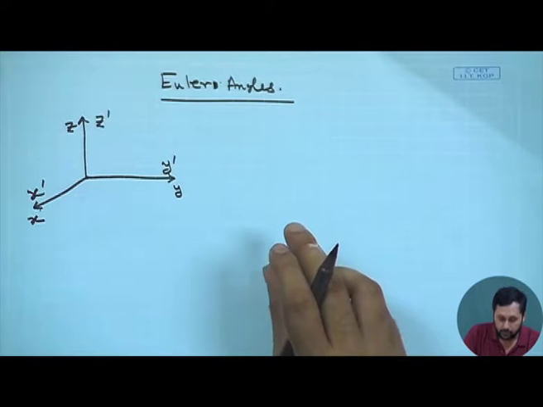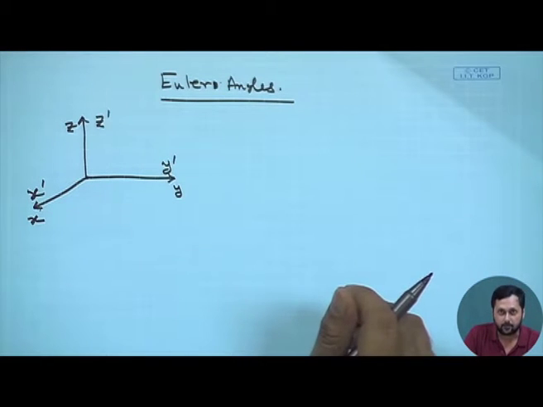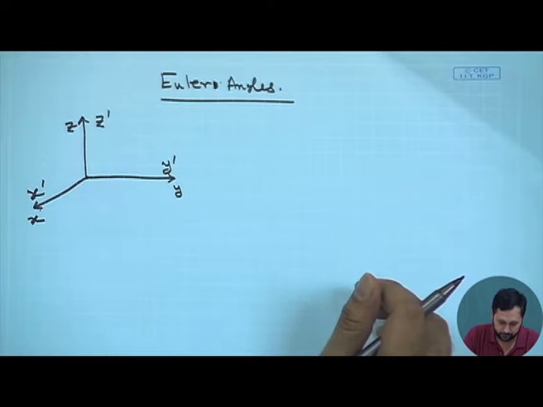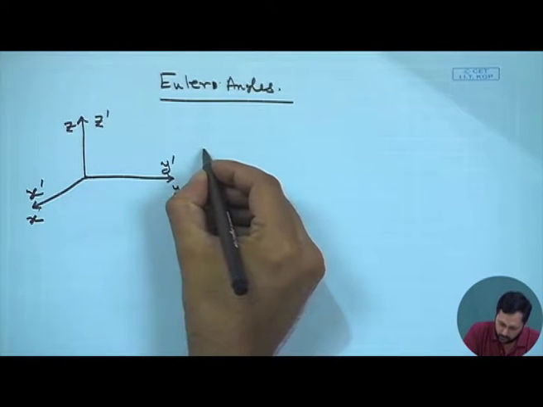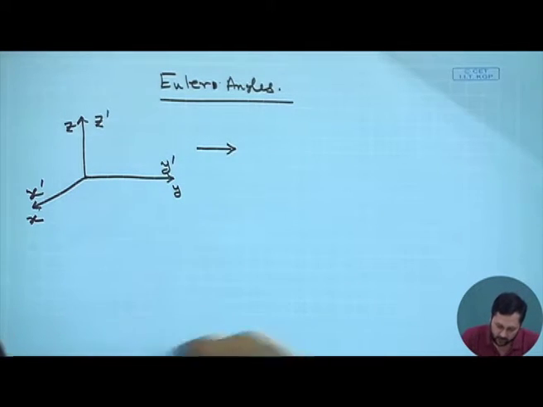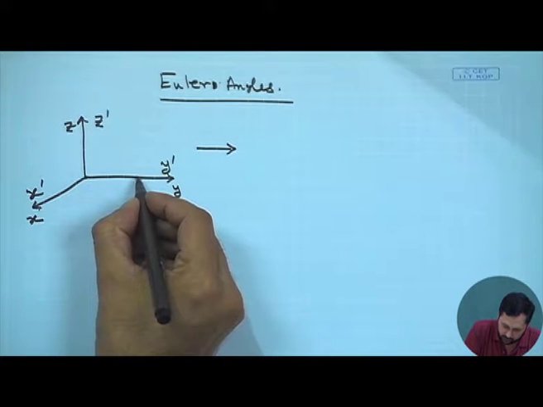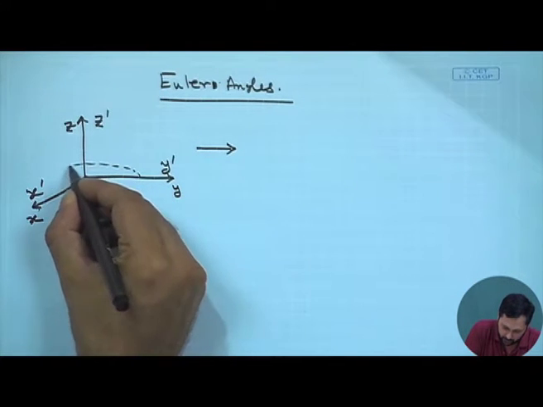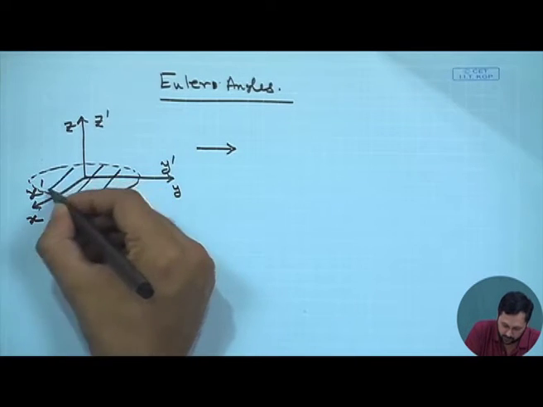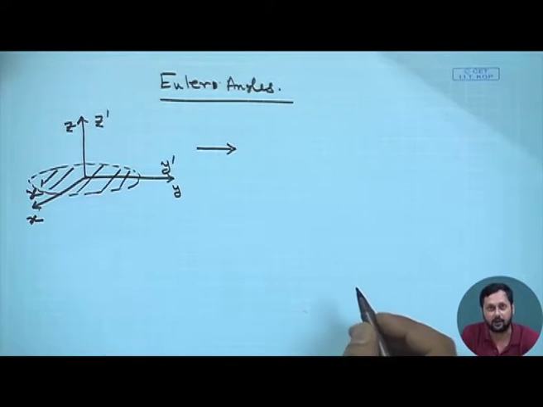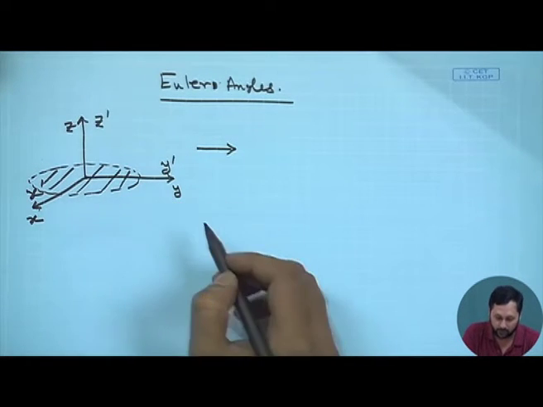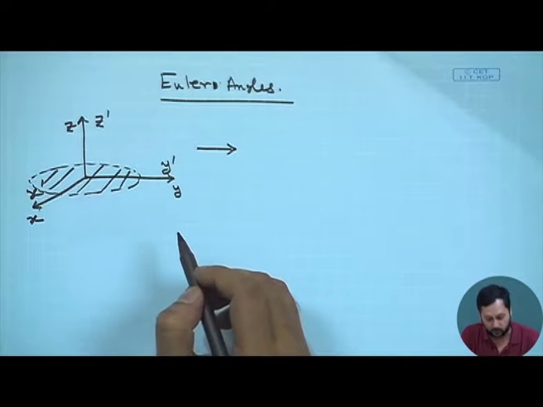Now we start the movement. Firstly, what do we do? Let us assume that we have some kind of object, let us just draw a laminar object to give you a better understanding. Let us say this is the object for which we have two sets of axes coinciding at time t equal to 0.